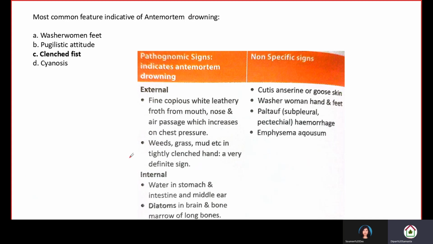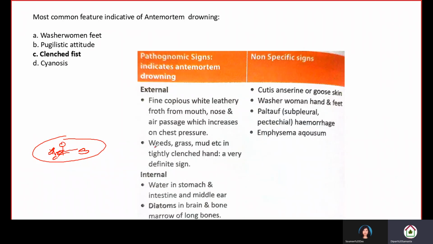First of all, he will try to tightly hold something. Like if this is a pond and this person is drowning, he will try to hold the weeds and small herbs and shrubs surrounding the pond.